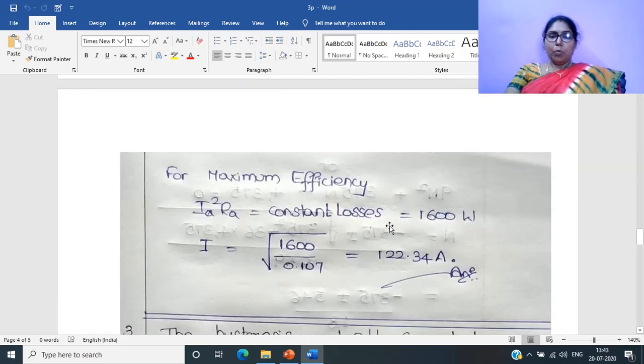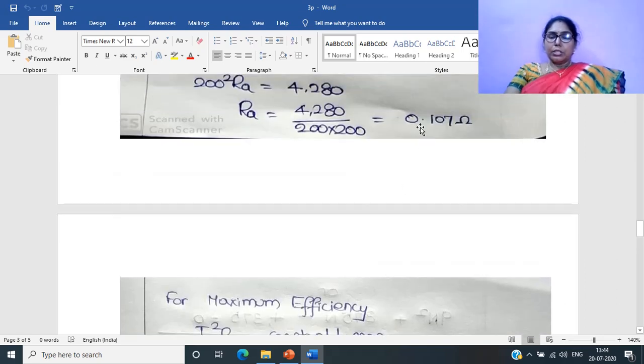Now the second part they asked is the load current corresponding to maximum efficiency. What is the condition for maximum efficiency? We just derived it in this presentation, that is Ia square Ra equal to constant losses, nothing but Wc. Variable losses equal constant losses. So starting from that equation, Ia square Ra equals constant losses, which is 1600 watts, and the armature resistance we just calculated is 0.107 ohms.